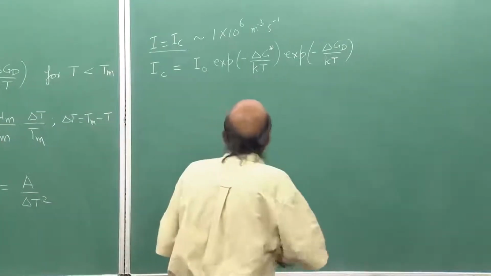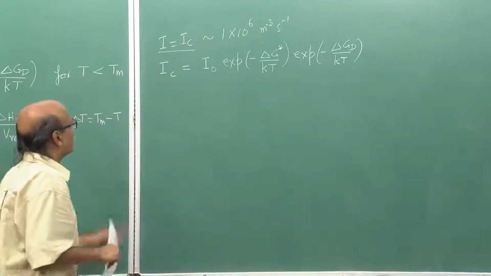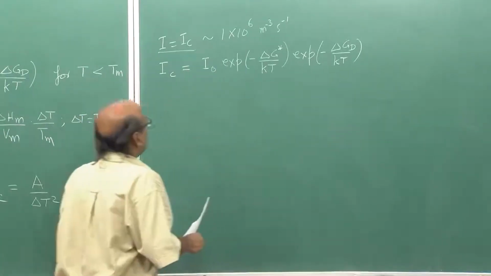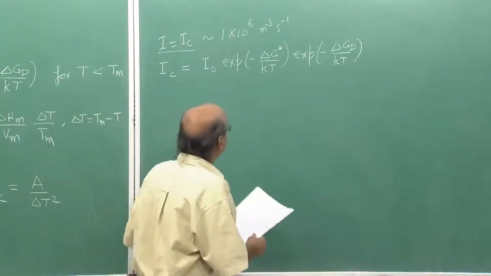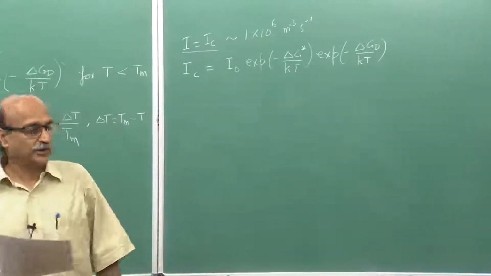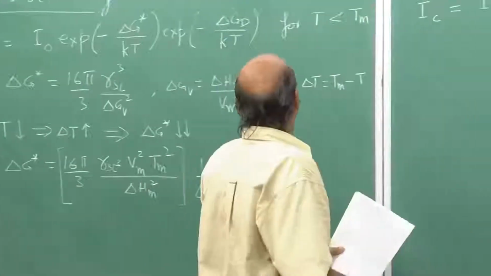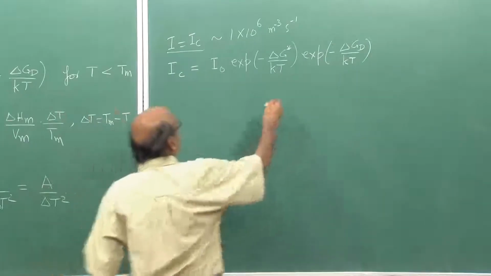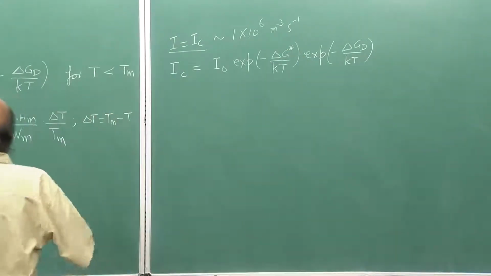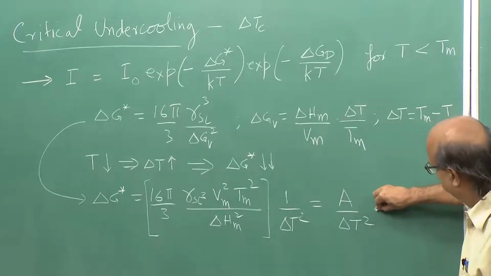Going with this, what we want to find out is, for the given critical rate, what should be the critical undercooling. In order to determine this, we would need to find out what is the required delta G star. Then we can go back to this equation.